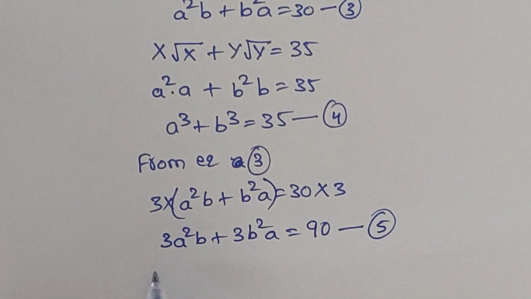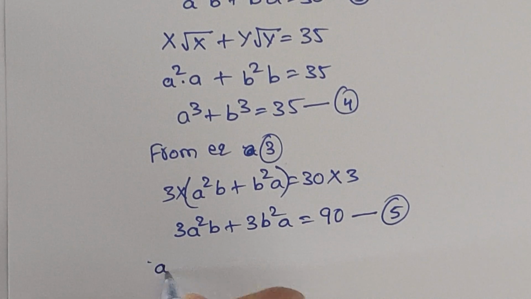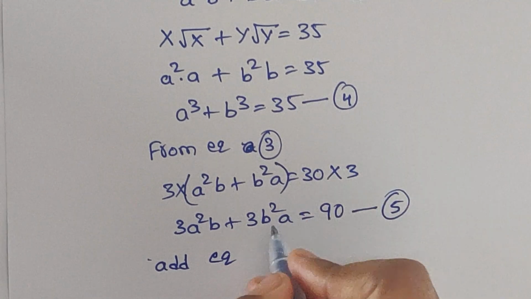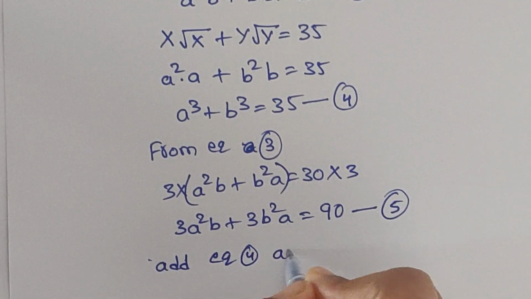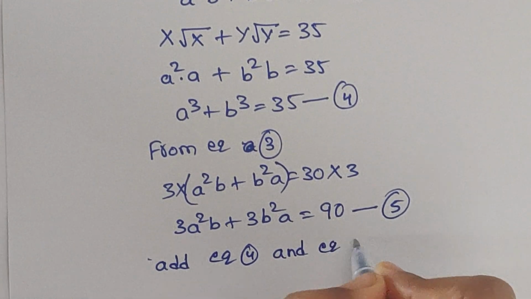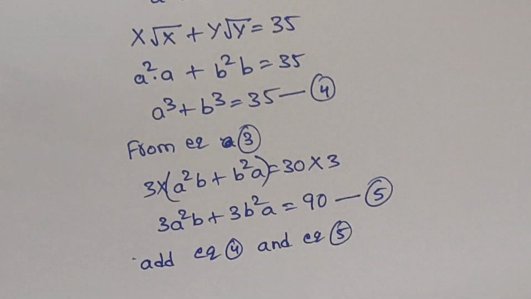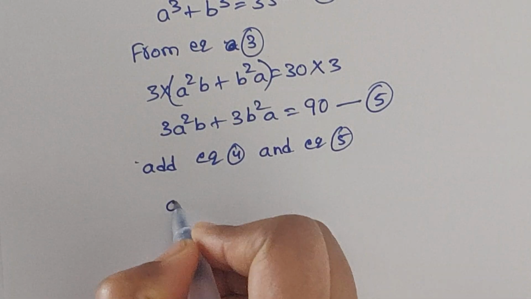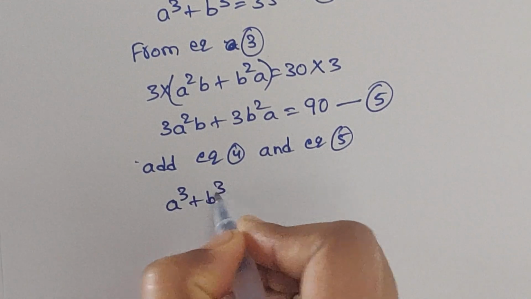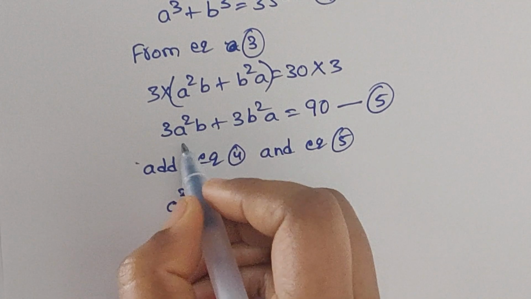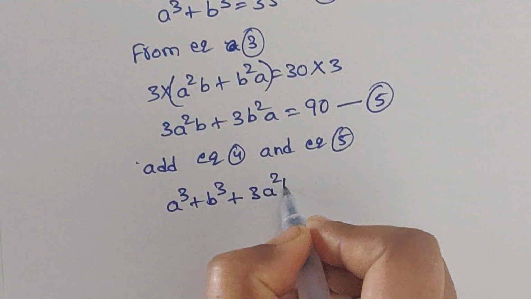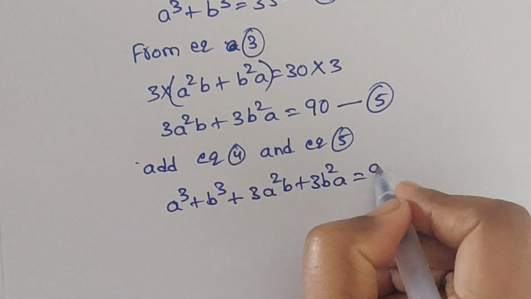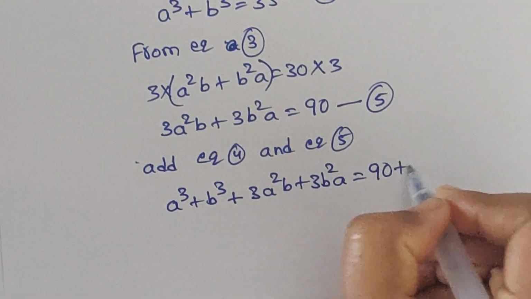So now add equation 4 and equation 5. So a cube plus b cube plus 3a square b plus 3b square a equal 90 plus 35.